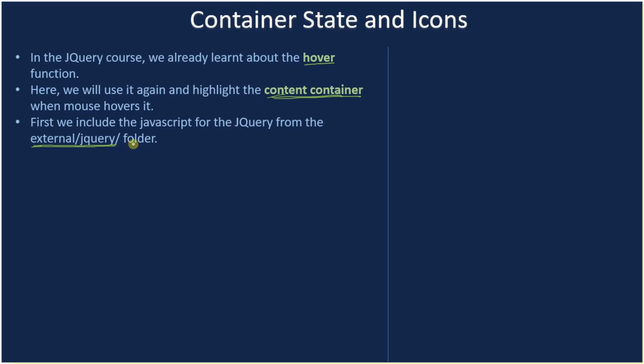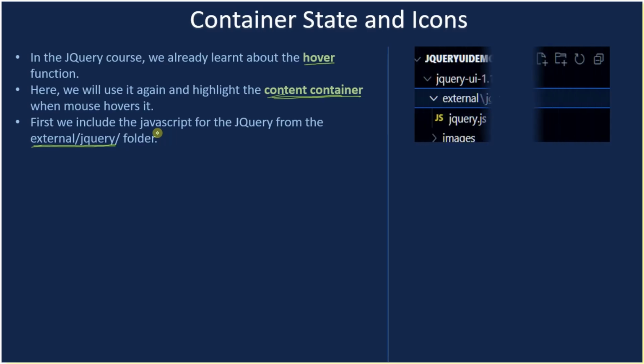The jQuery is nothing but the standard jQuery core API, which we used in all our previous subseries when we learned about jQuery functionality. The same stuff is required for jQuery UI also, so we are referring to that. First we include that, and here you can see the location.